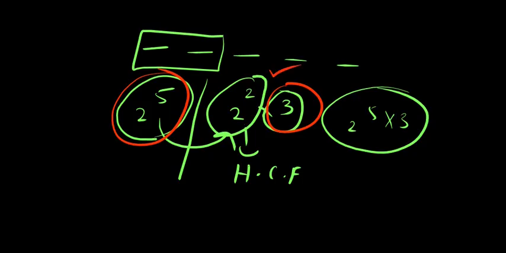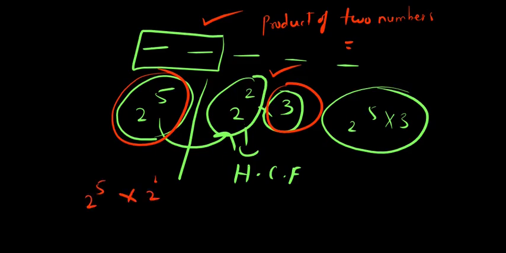So by this, they have formulated a formula: if we multiply these both numbers, the product of two numbers, 2 power 5 into 2 square into 3, will be equal to 2 power 5 into 3, which is nothing but LCM, and the rest, 2 square, is HCF.